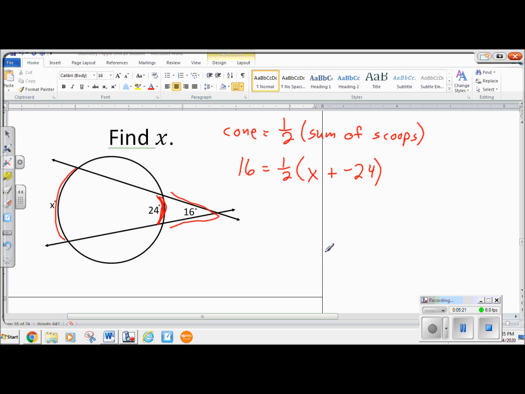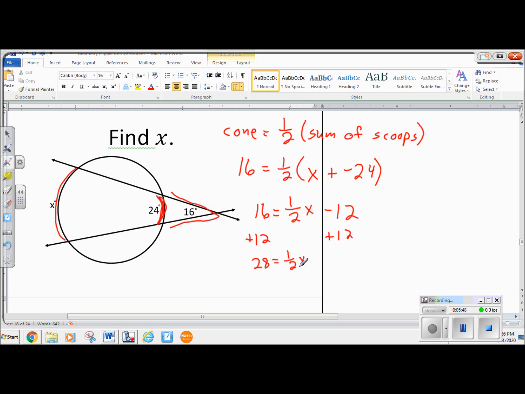Now solve for x. 16 equals half times x is half x. Half times negative 24 is negative 12. Add 12 to each side. 28 equals half x.